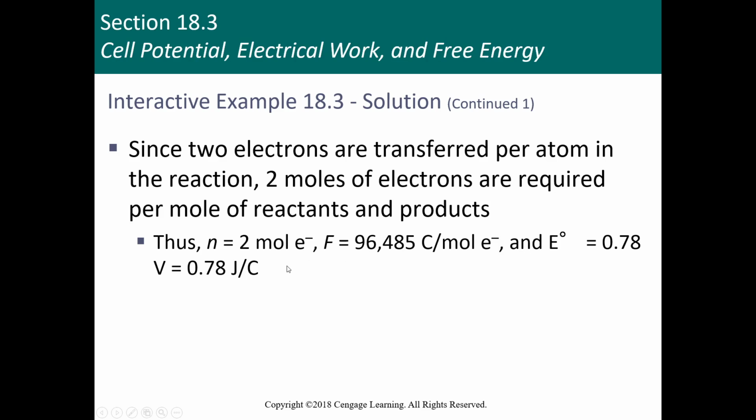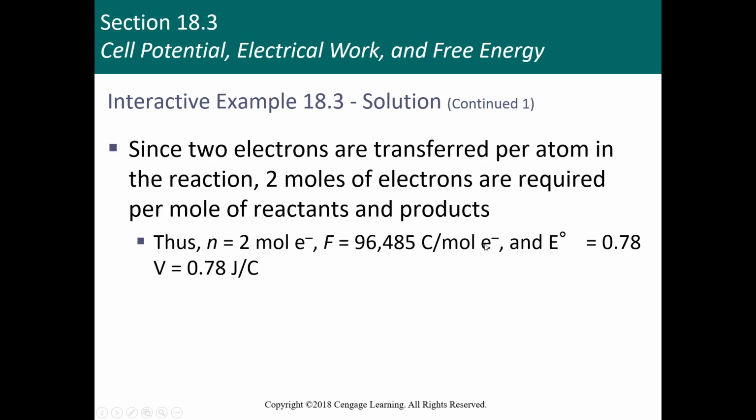And you may be wondering, that 0.78 volts, how does this work for units? Well, a volt is a joule per coulomb, right? So when we multiply this E naught, we're multiplying it by coulombs on top, which means the coulombs cancel. That will leave us with joules.